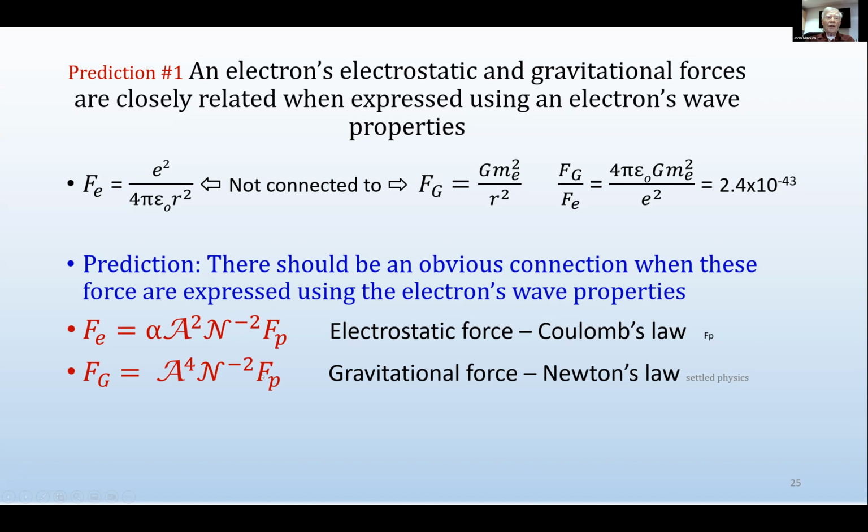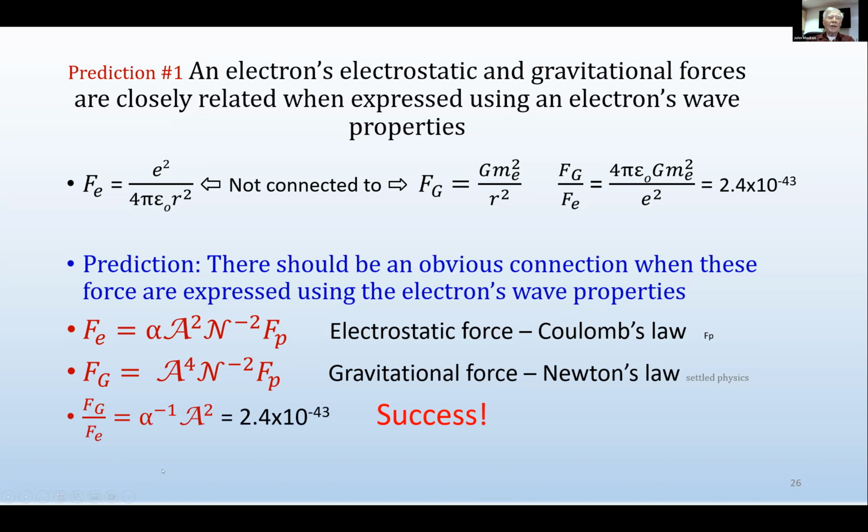Similarly, this is the conversion of Newton's gravitational law using amplitude and so forth. As you look at this, I find this amazing. You can see that these two forces both are multiplied by Planck force. They both are divided by the number of Compton angular wavelengths. The only difference is that we have alpha times the amplitude squared and alpha to the 4th power here.